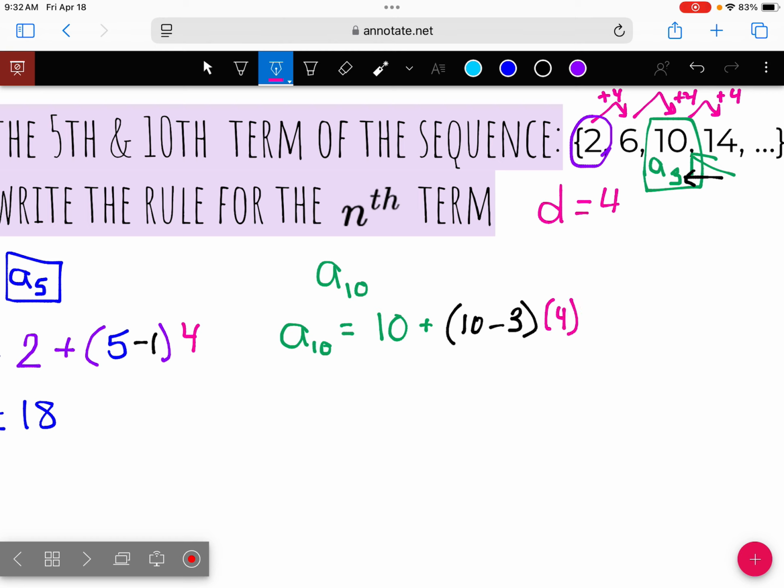So you don't have to use the first term. We can use whichever one we want. It would be the exact same answer if I switched the 10 out for a 2 and the 3 out for a 1. So this is just using a sub 3 because we can. Don't have to, but we can.